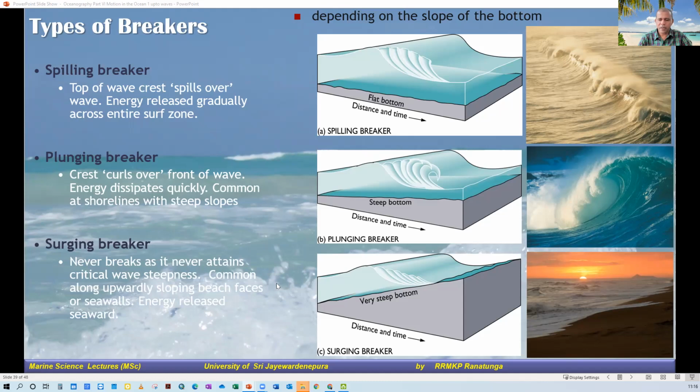It's not a really observable break. Now, the difference again, if it is a flat bottom, you will get this kind of breaker. And if it is a steep slope, you will get this kind of rolling situation, ideal for surfing. Whereas if it is a very steep slope, there won't be any breaker.